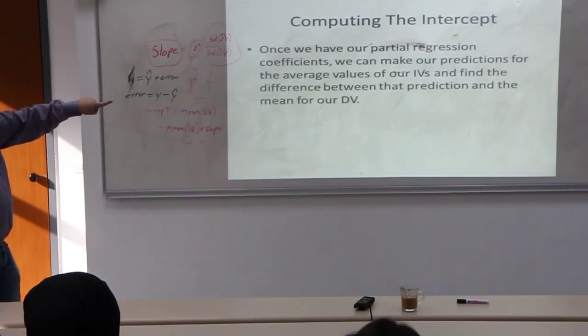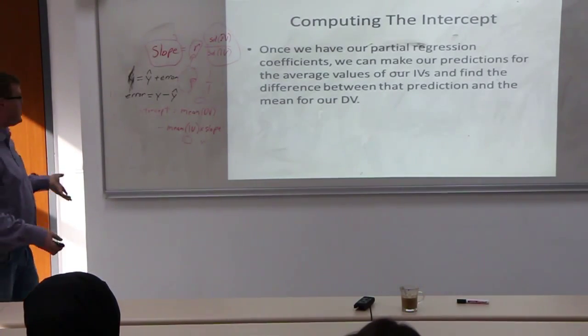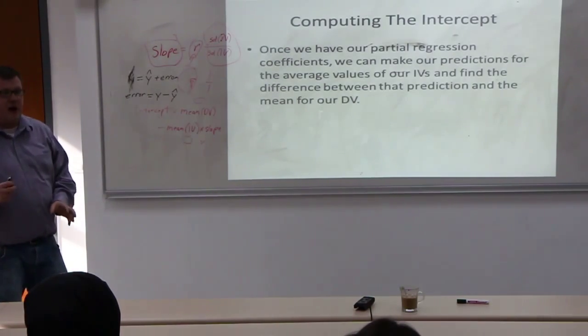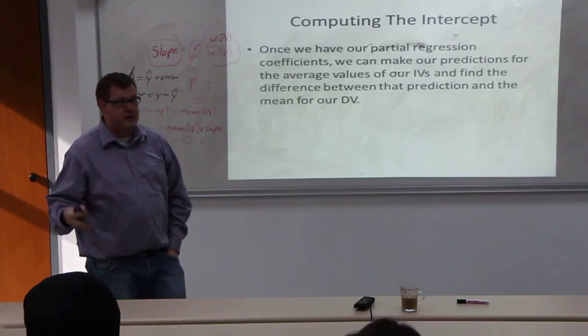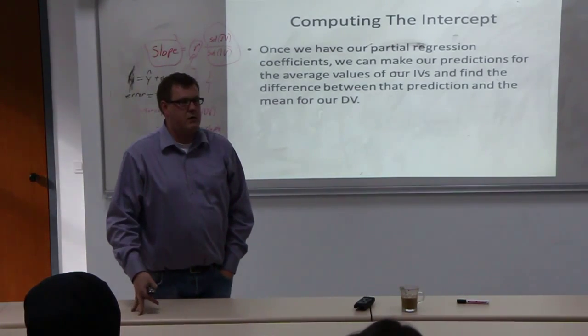Once we have the partial regression coefficients, we can make our predictions for the average values of our IVs and find the difference between those predictions and the mean for our dependent variable.